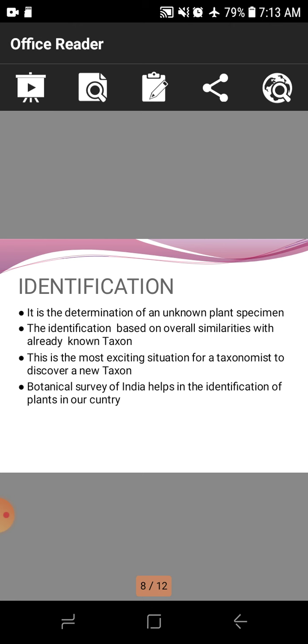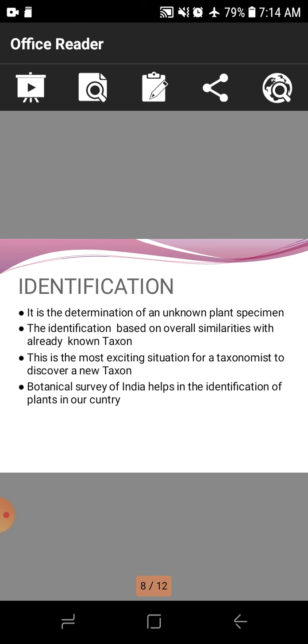In case the specimen in question does not agree or compare with an existing, predetermined specimen, it is taken to be new to science. This is the most exciting situation for the taxonomist, to discover a new taxon.